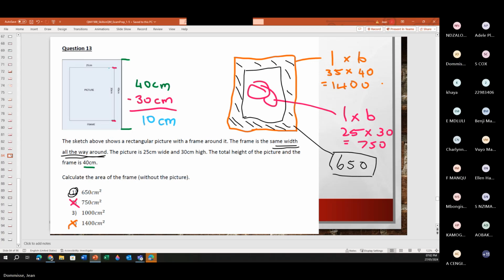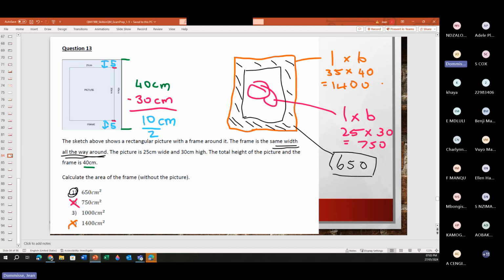But I've got the frame on this side to get to that 10 and on this side to get to that 10. And they told me that it's the same width all the way around. So that piece plus that piece must give me 10. If I divide it by 2, I get that this component is 5 and this component is 5.